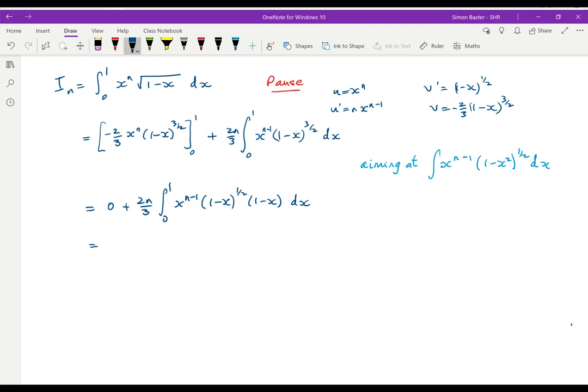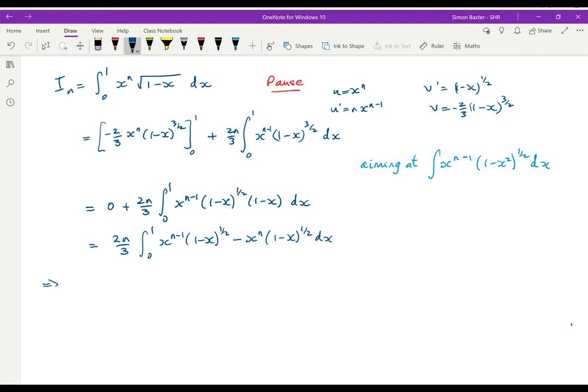That will give us 2n over 3, integral 0 to 1. Taking the 1, I get x to the n minus 1, 1 minus x to the half. Now if I take the minus x times x to the n minus 1, that is minus x to the n, 1 minus x to the half dx.